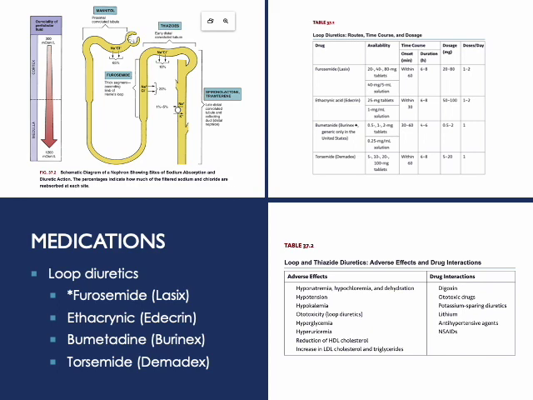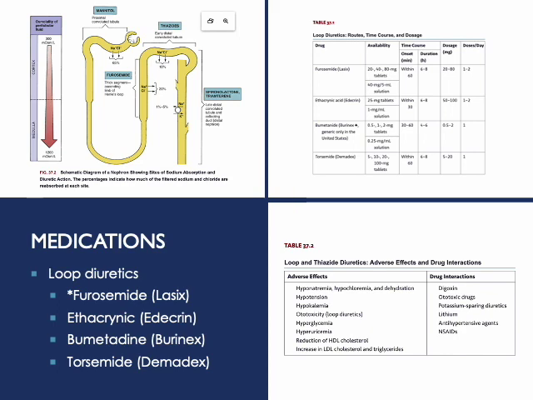And the things that you're going to talk to your patient about mostly is hyponatremia, hypochloremia, dehydration, hypotension, because obviously we can use it for hypertension. So if we give too much or there's an adverse effect, it can actually swing the other way and cause them to have a lower blood pressure. Hypokalemia. Loop diuretics can cause ototoxicity.